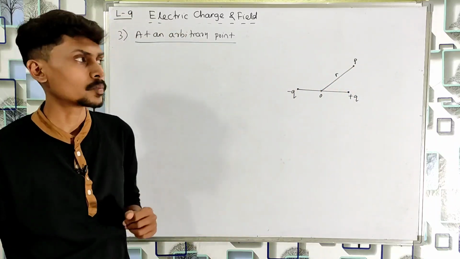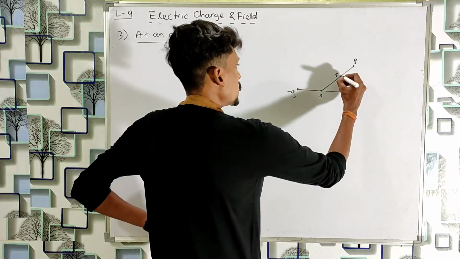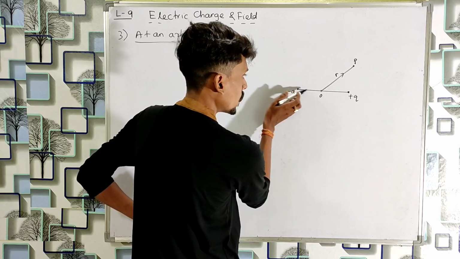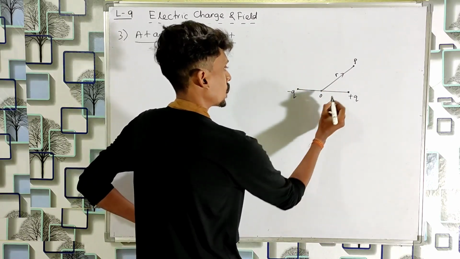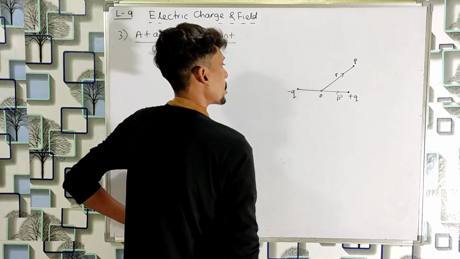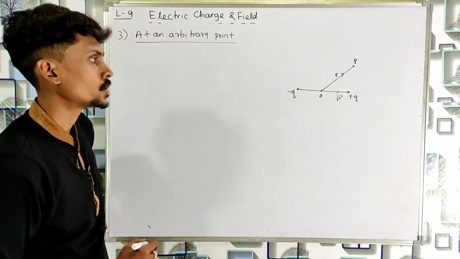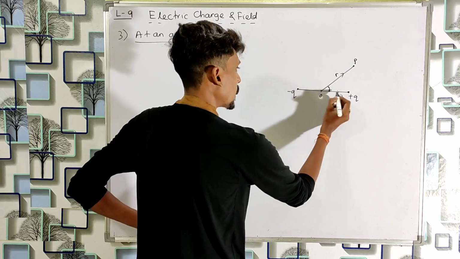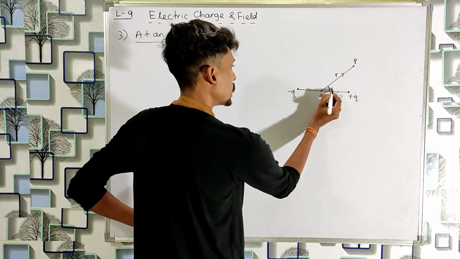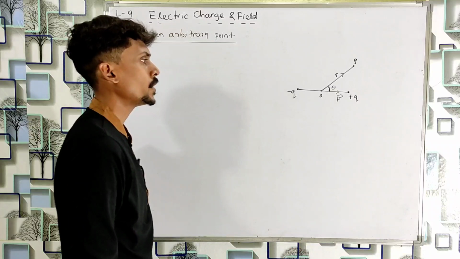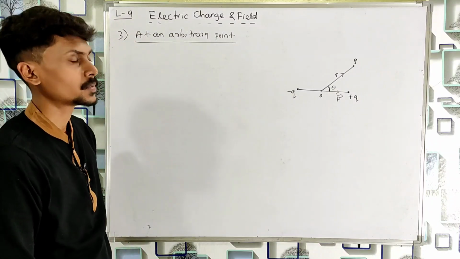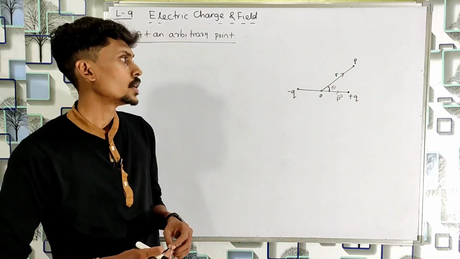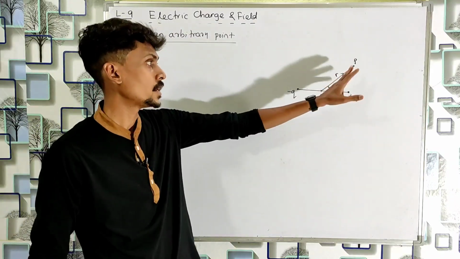We have to use some other formula. This is the r vector, and the p vector is directed from the negative to the positive charge. Suppose the angle between the p vector and the r vector is theta. The question is how to find the electric field intensity at this point P.